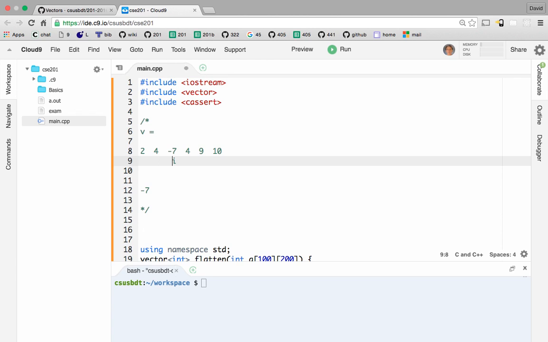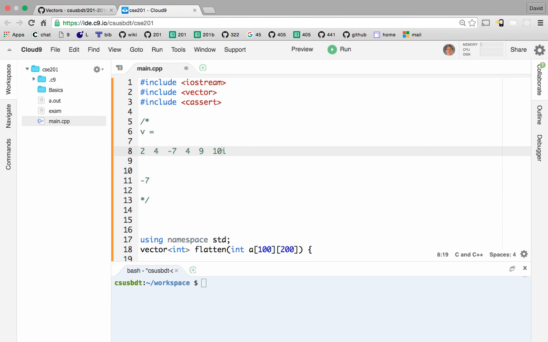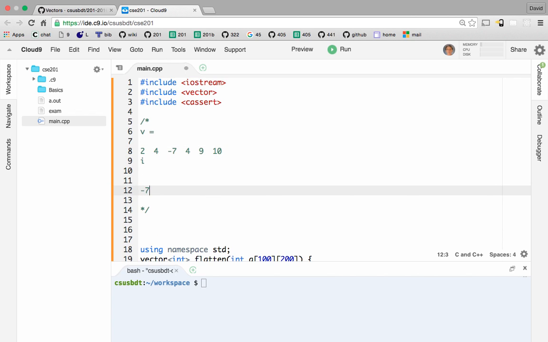Can't be that. We've already got that. So it must be the 2. So I'll put the 2 on there. All right. What's the next smallest? Now we got this 2 on there. So maybe 4 is the next smallest. Well, it's not -7. We already got that one. Well, there's another 4.